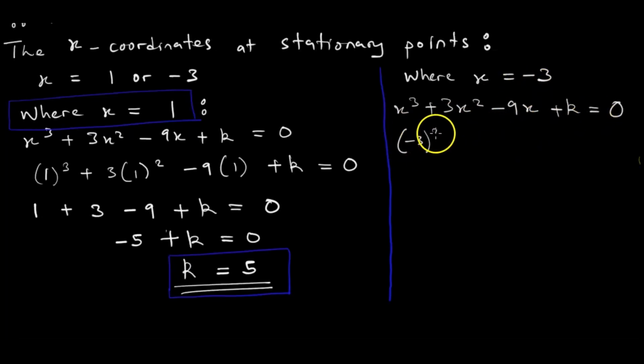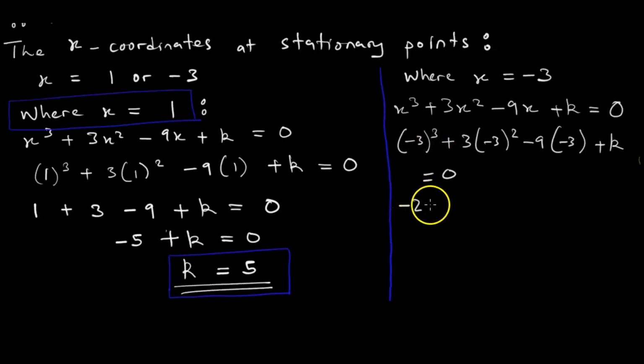So minus 3 cubed plus 3 multiplying minus 3 squared minus 9 multiplying minus 3 plus k is equal to 0. What is minus 3 cubed? 3 times 3 is 9, 9 times 3 is 27, so this is minus 27. Then minus 3 squared is 9, 9 times 3 is 27, so that's plus 27. Minus 9 times minus 3 is plus 27.